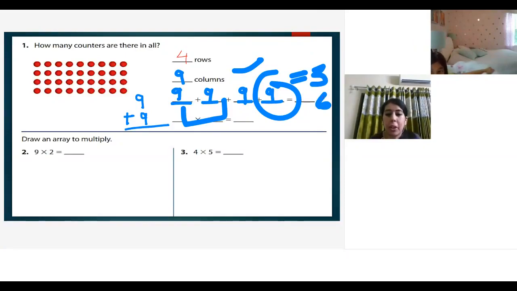Now Akshita, you do it yourself. Take 9 of your fingers. Start counting with me. I have to take 9 4 times. 1, 2, 3, 4, 5, 6, 7, 8, 9. Okay. Now again add 9 more to it. You got 9 now?